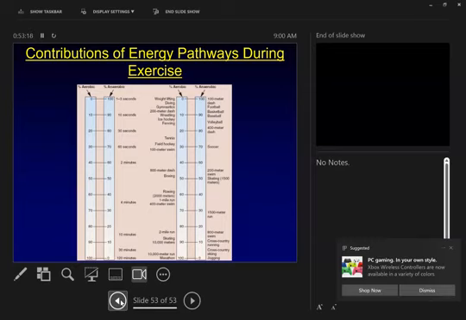Okay, so this could be something where I may ask you guys a couple of questions on the test about, like, hey, if we did, pick between certain activities, which one is more likely to be predominantly an anaerobic activity versus, say, an aerobic activity? And vice versa.